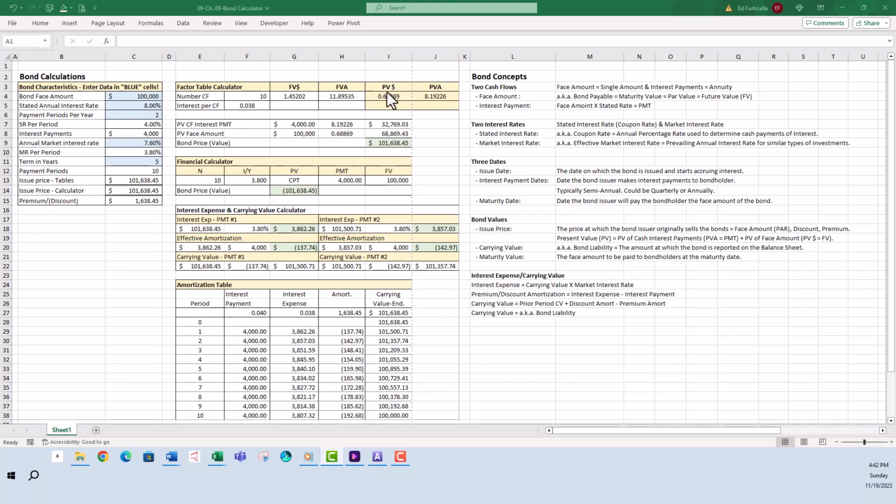Since the payment of interest is $4,000 every 6 months, we use the present value of an annuity factor and multiply it by $4,000. The $32,769.03 is the present value of the cash interest payments.